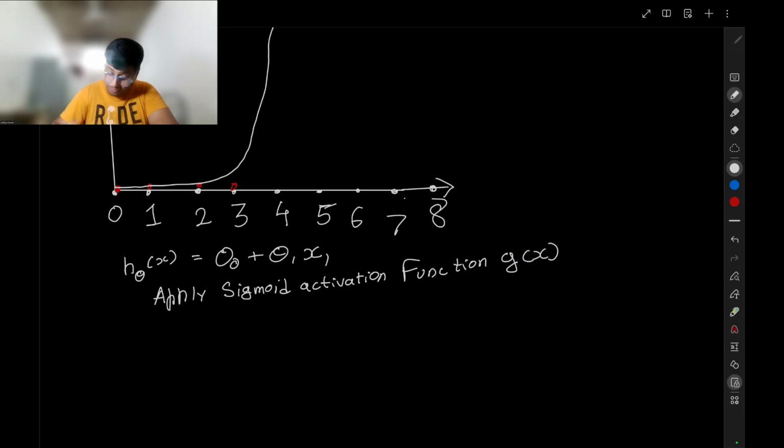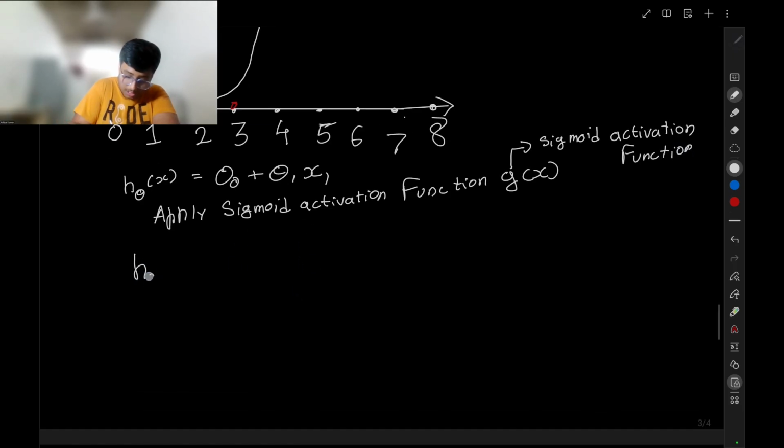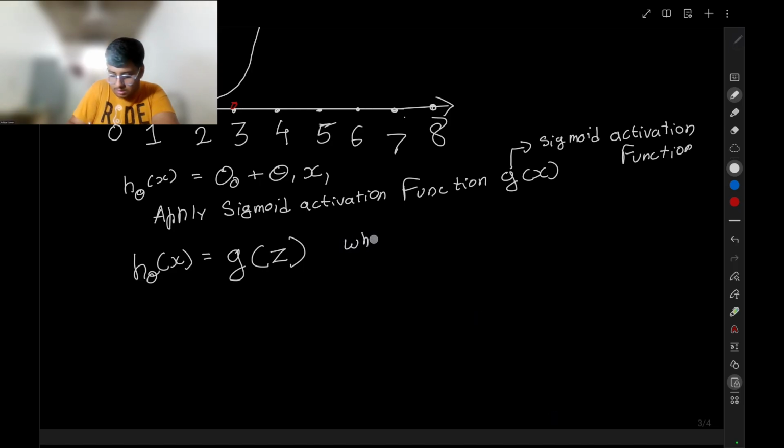For this particular algorithm, for this particular lecture, we are denoting g of x as the sigmoid activation function. So by transforming the above equation, h of theta of x is equal to g of z, where z equals theta naught plus theta 1 x1.